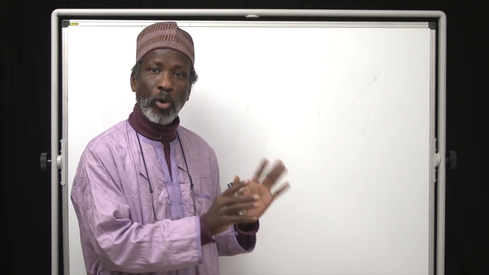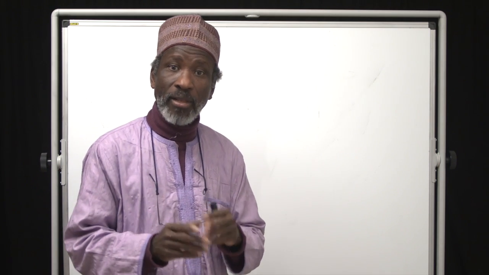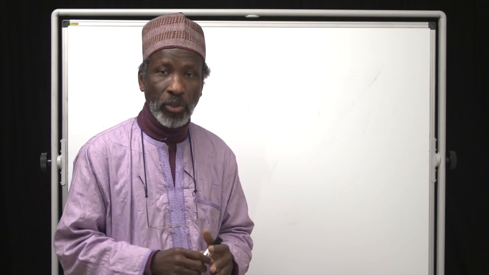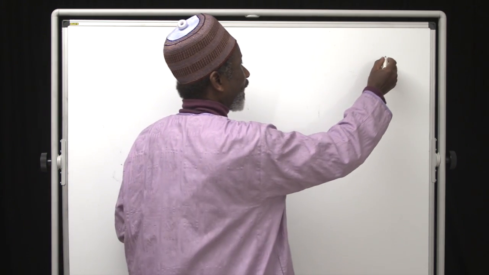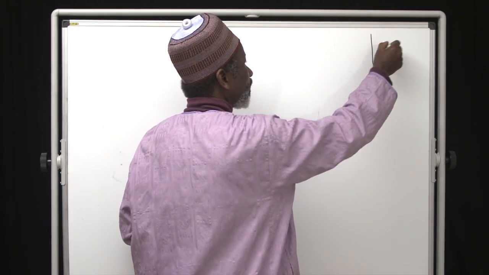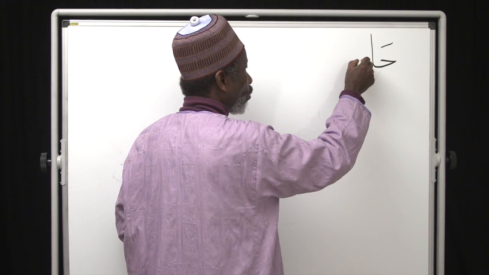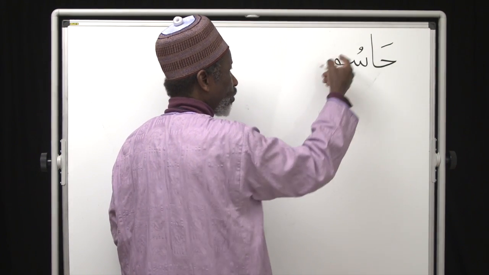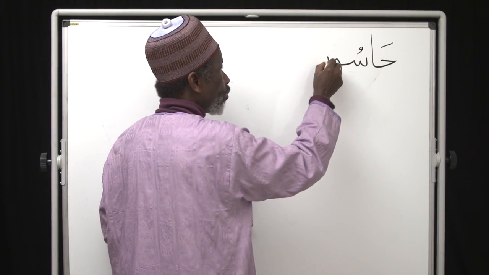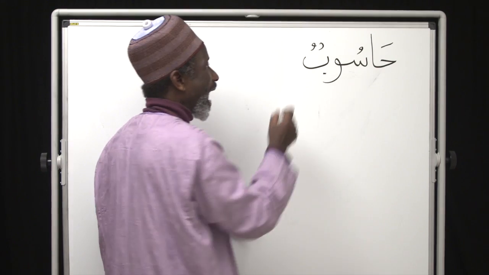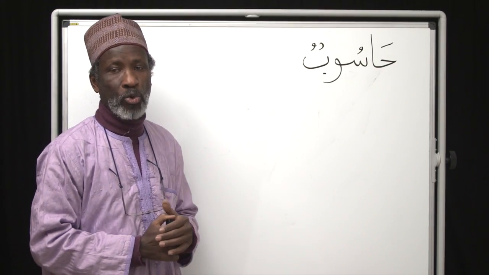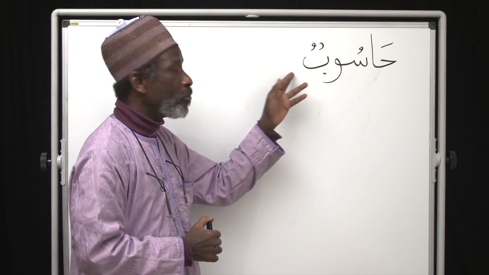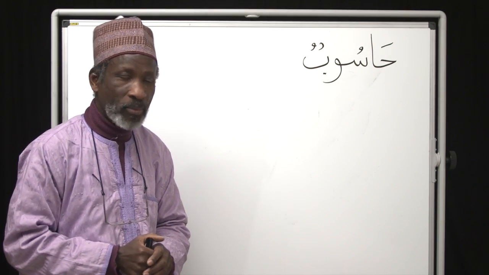Now I'm going to put on the board for you some other nouns like items, such as a computer. A computer in Arabic is hasubun. That means a computer.